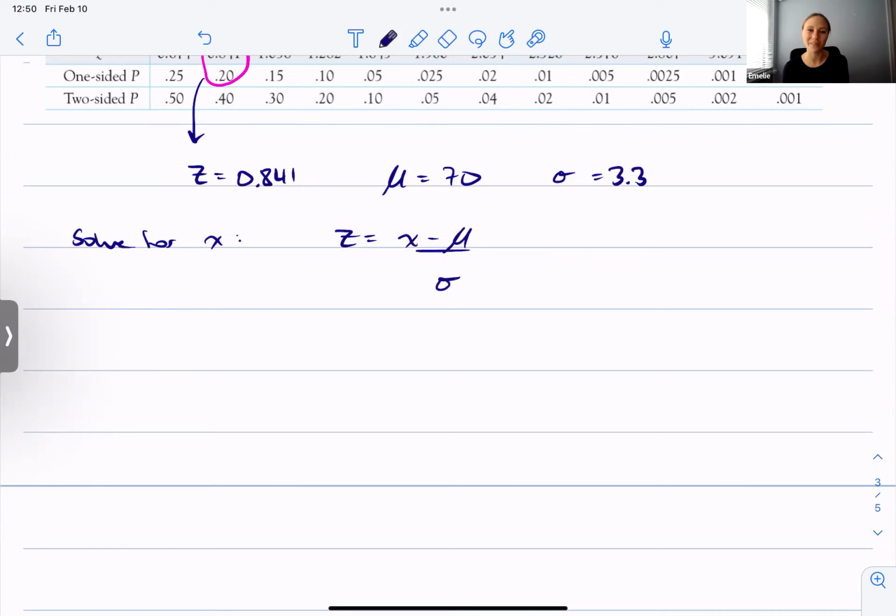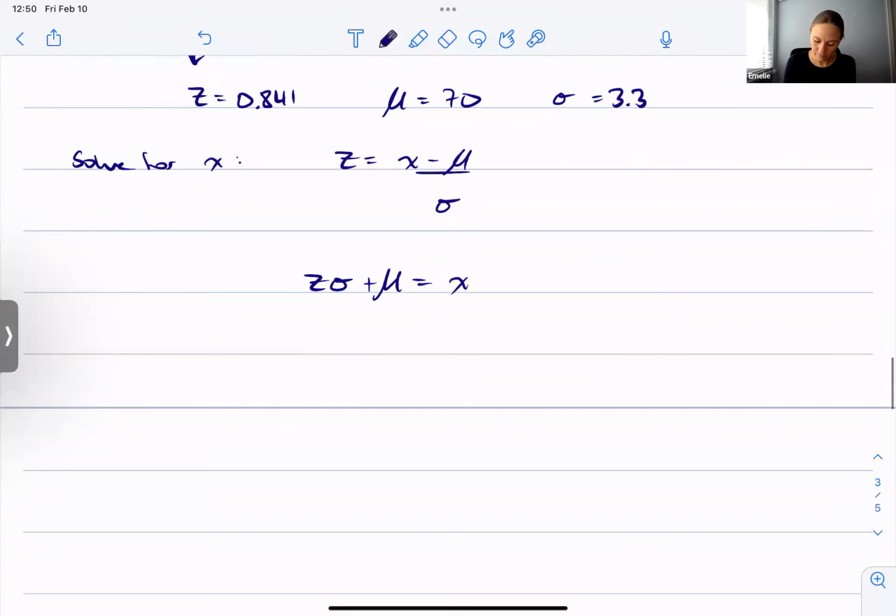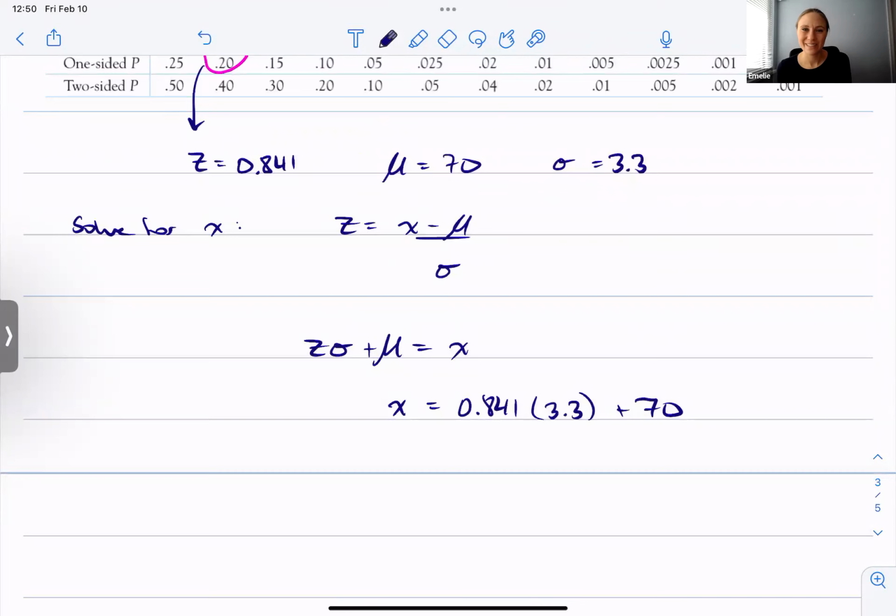I'm going to do it in general, but it's on your formula sheet: Z times sigma plus mu equals x. Usually I don't write it so sloppy, but here I am. So x in this case is 0.841 times 3.3 plus 70. I am out of time, so I'll fill it in once I've calculated.